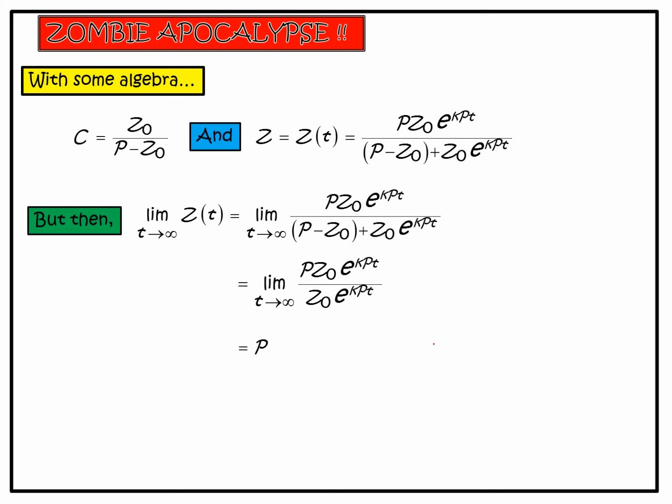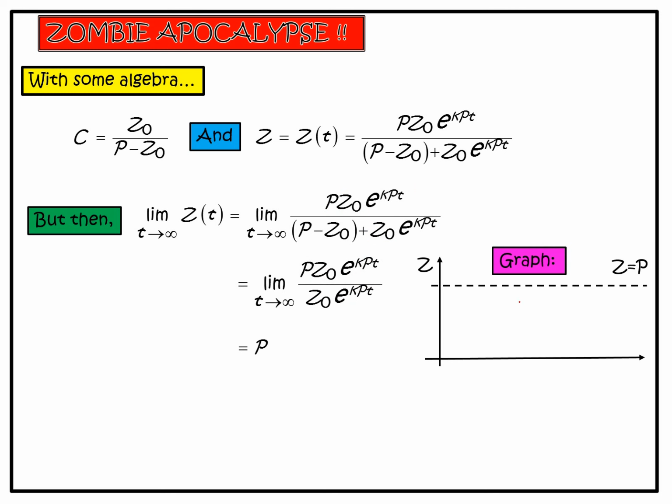So what does that mean? That means that if we graph this, our graph is going to start out at z0. So this is z0 right here. And then P is the entire population.